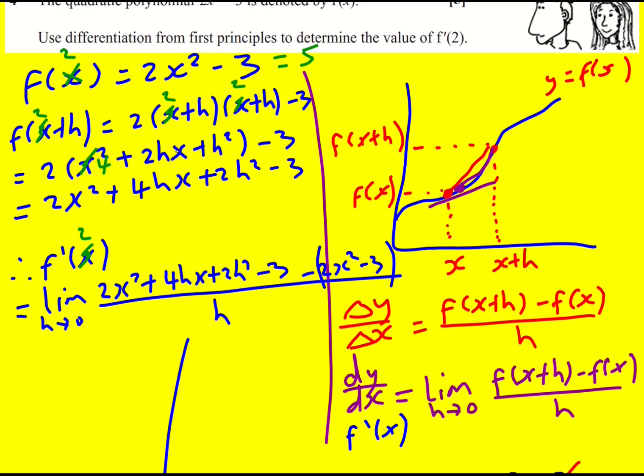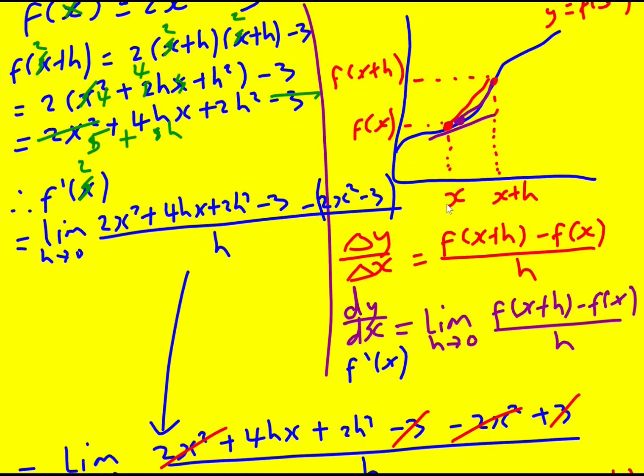That would be 4. That would be 4h. And, oh, I could simplify this, couldn't I, to 8. This is again going to be 5, actually, when I get rid of that and that to give me 5. So it'd be 5 plus 8h plus 2h squared. And then this would be 5, like I said before. And I'd be minusing 5, so they would just cancel.